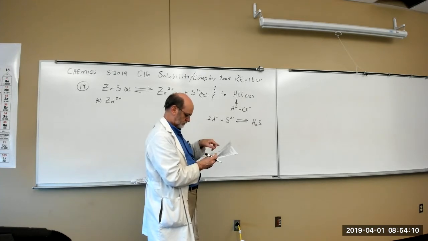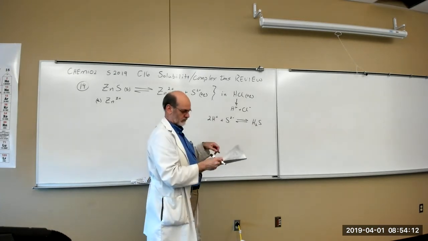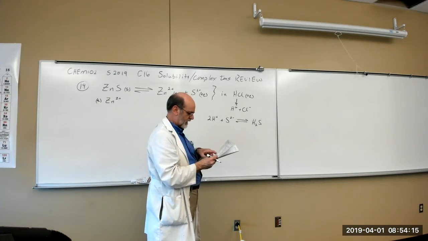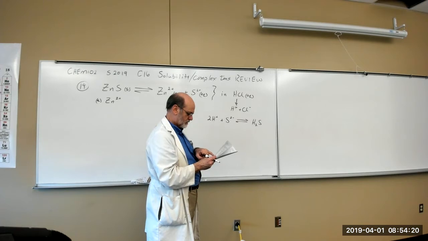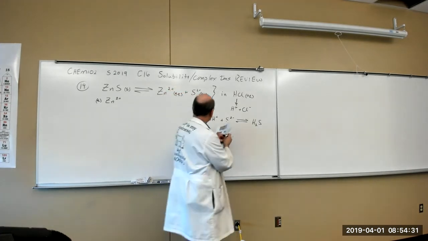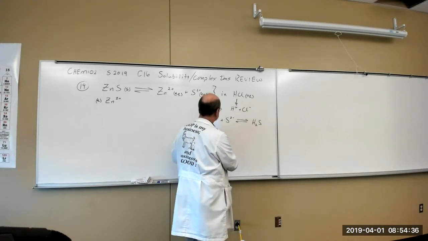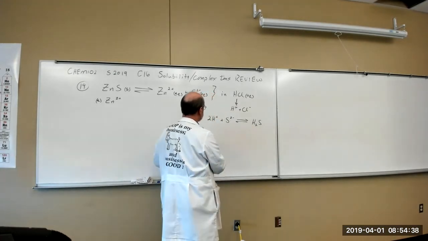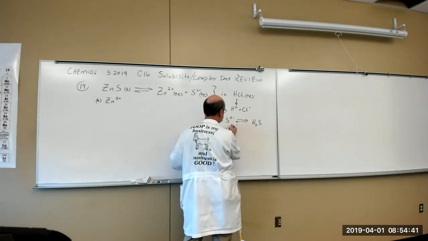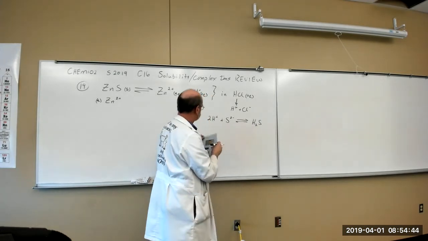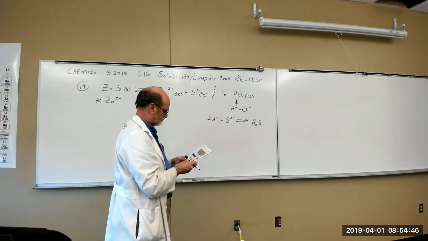Wait, where's 17? Oh, this one, pretty color. Got it. This is the only reference I have to H2S. It solubilizes 3, 4, and 5. So what is the equilibrium position for this right here? That's the question. Wait, it says here that zinc sulfide is insoluble.